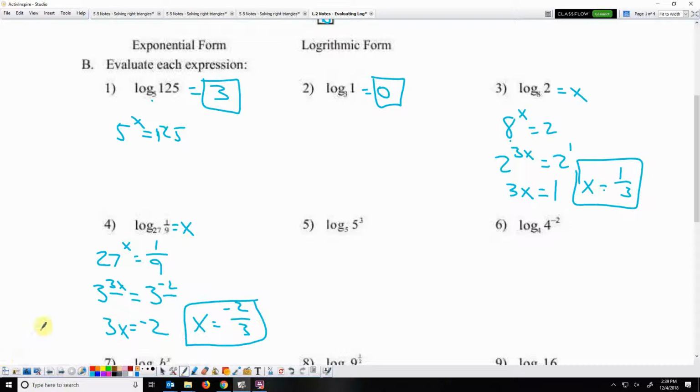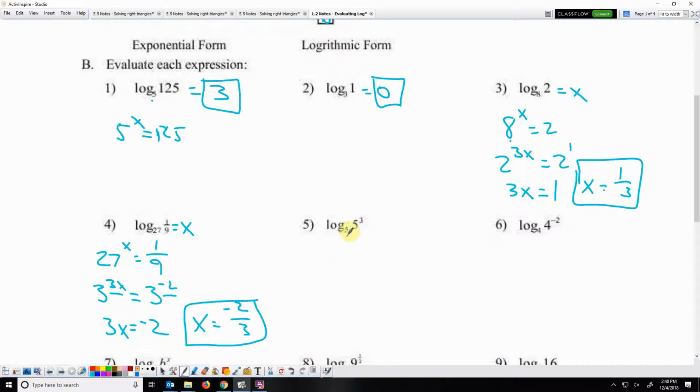So sometimes it's going to be easier to use a variable, sometimes it's going to be pretty easy not to use a variable. Here the question being asked is what power raises 5 to make 5 to the third power?